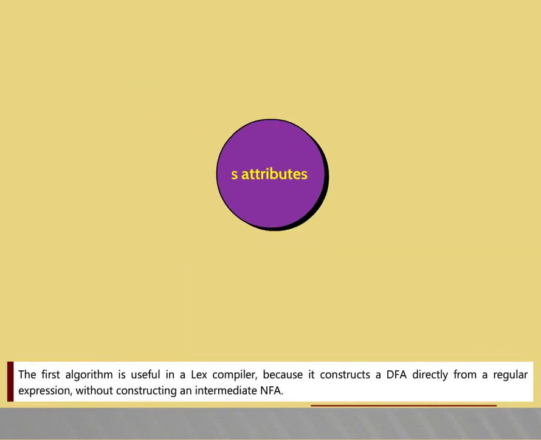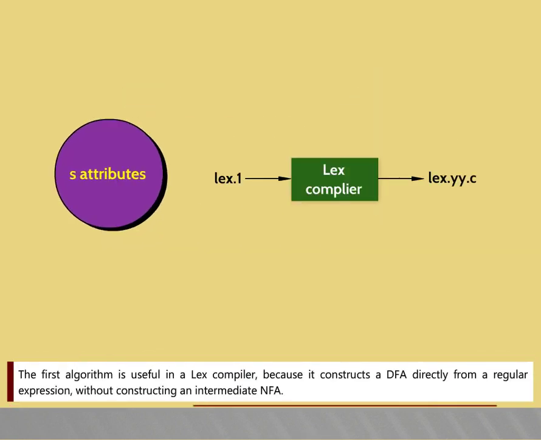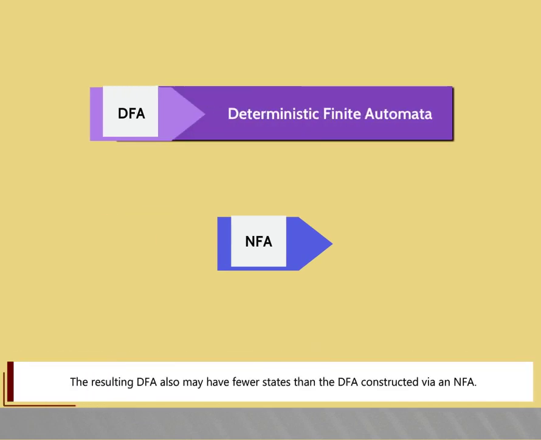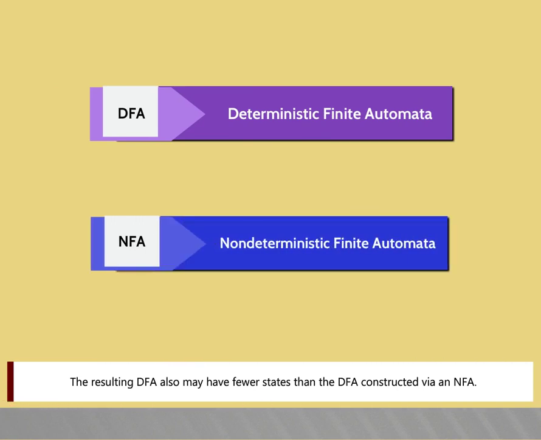The first algorithm is useful in a Lex compiler because it constructs a DFA directly from a regular expression without constructing an intermediate NFA. The resulting DFA also may have fewer states than the DFA constructed via an NFA.